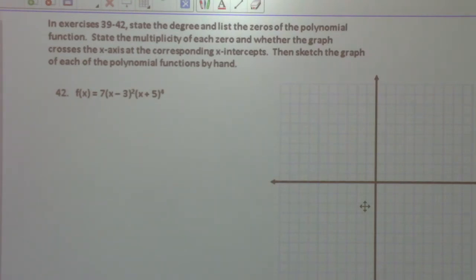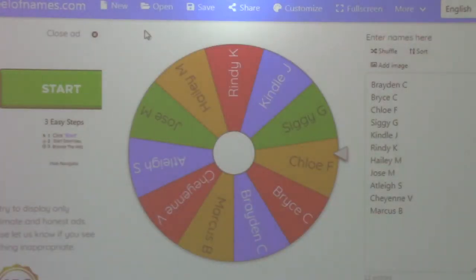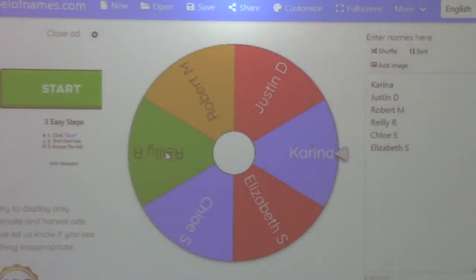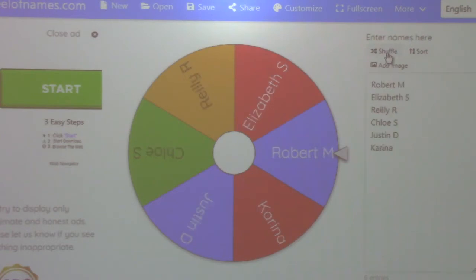Okay, see this. Okay, I'm going to ask for one of you to help me with this one here. And let me just do a little shuffle here.